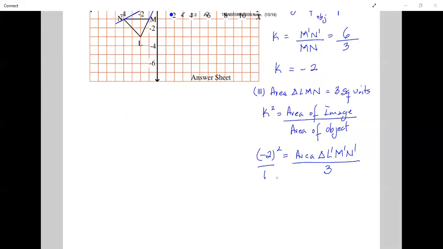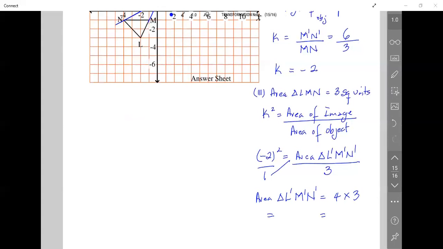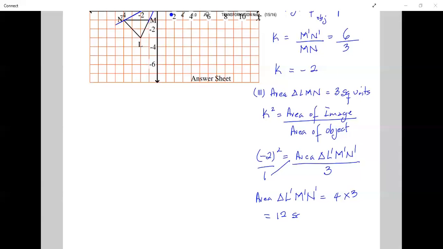Now I'm going to cross multiply, so the area of triangle L prime, M prime, N prime would be equal to minus 2 squared, which is 4, times 3, which is equal to 12 square units.